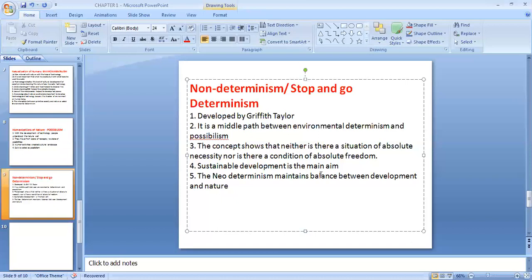So what do you understand from this? People go against nature to develop their areas and themselves. If they followed the whole condition of nature, like living on trees and wearing tree leaves and bark, then they would still be in the same condition, in the jungle condition.